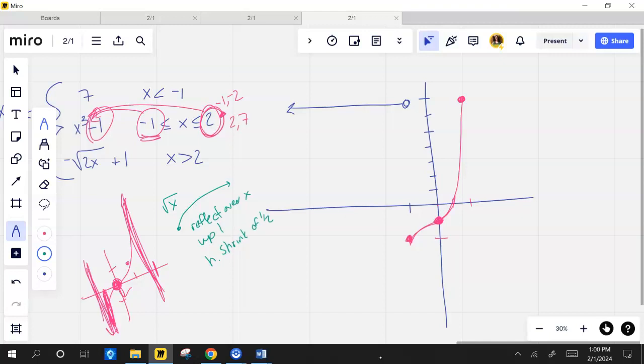Okay. Now that I know all that, I kind of have an idea of what's going on, right? At 2, if I plug in 2 here, what's my y value? Negative 1. Open or closed?